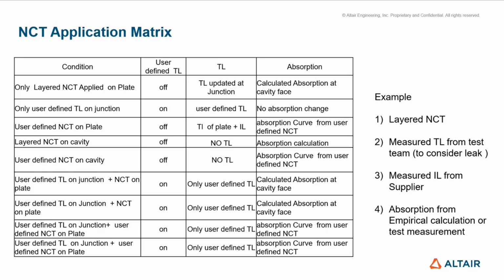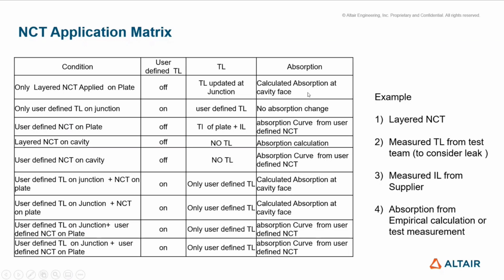Currently there are different applications of NCT available, but there was no cross integration. For example, in .2 we were able to do layered NCT properly. Let's say you have defined your noise control treatment with thicknesses and sound package material details with proper thickness. We were able to calculate TL and absorption.